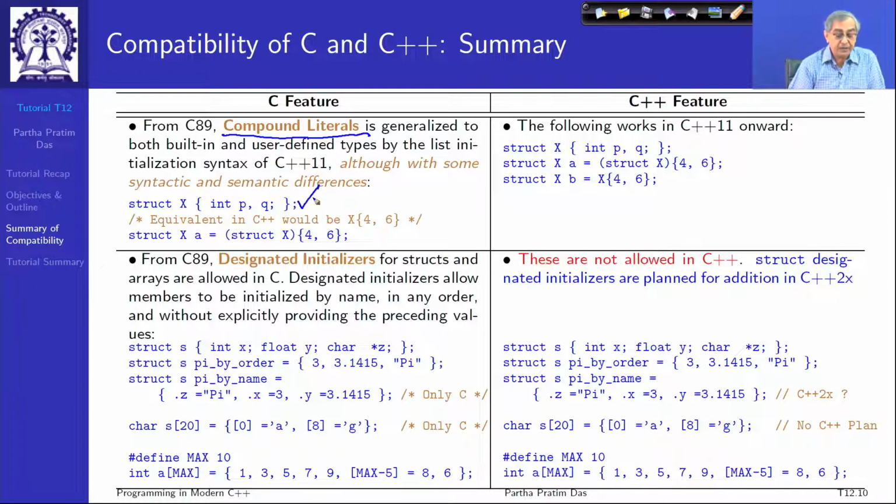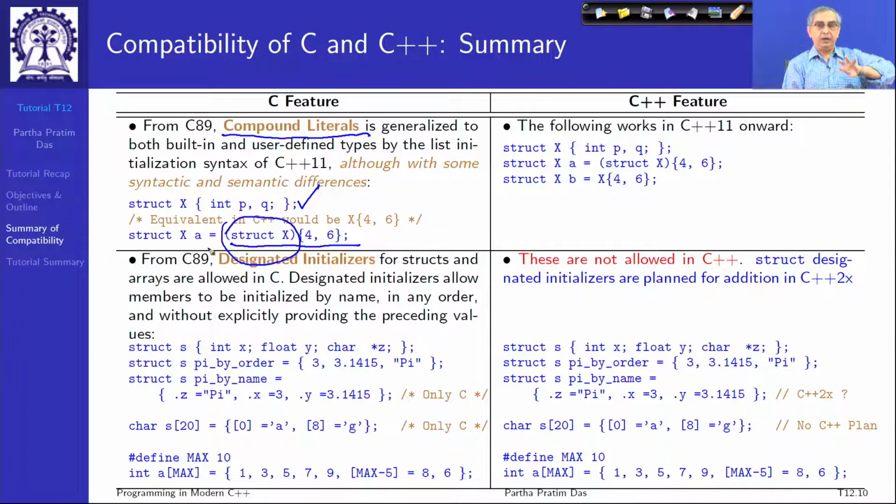So, if I have a structure like this and I want to initialize it as 4, 6, because there are 2 components, this pair is also a literal, a compound literal, and I cast that to struct x to say that now it becomes a structure.